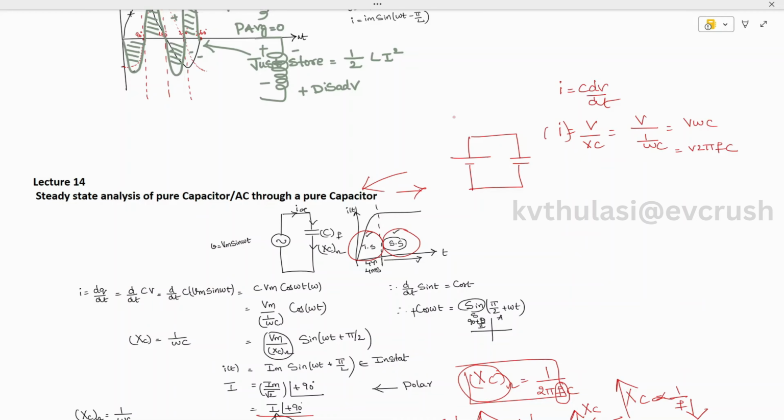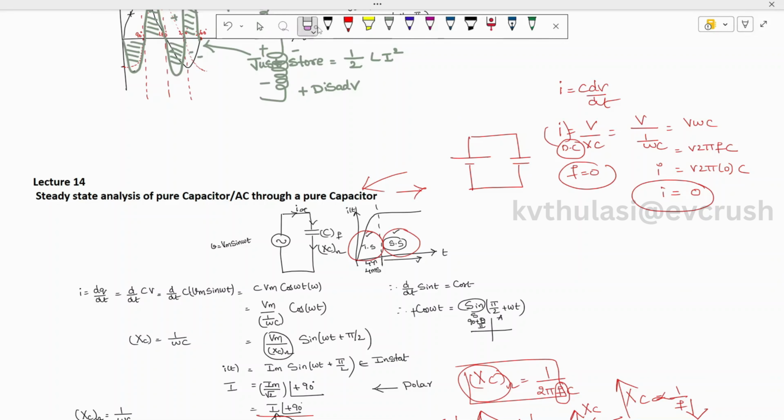So when you give a DC supply, what happens? The frequency is 0. In a DC supply there is no frequency. Automatically V into 2 pi into f into C, with f equal to 0, therefore we get I is equal to 0. I equal to 0 means the capacitor will act like an open circuit.